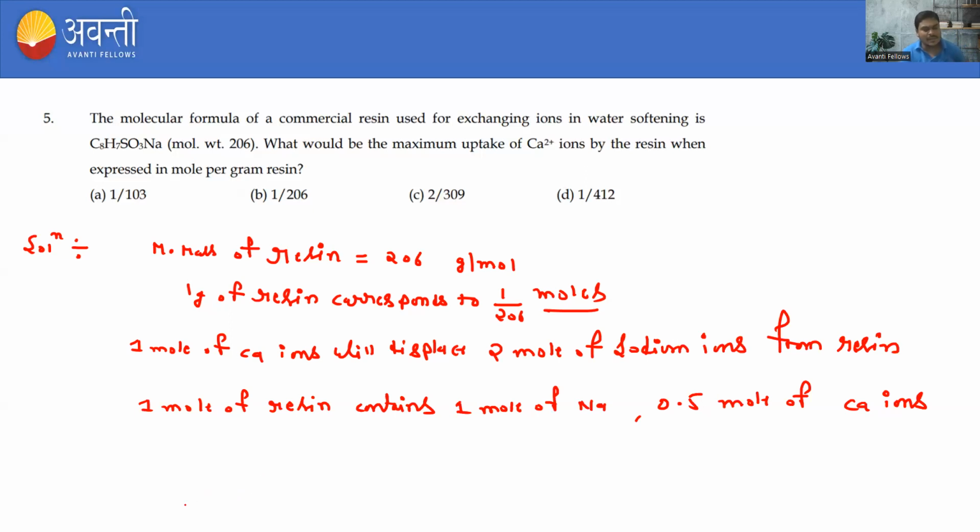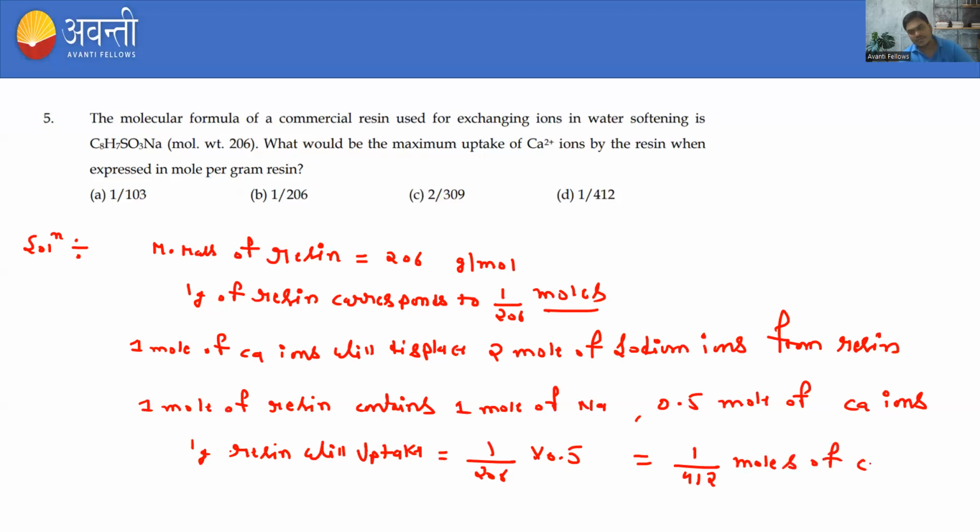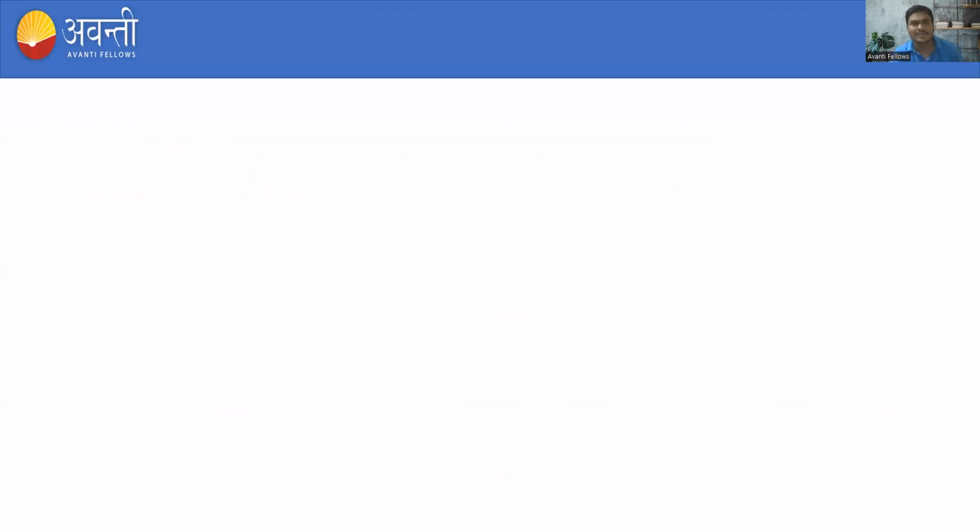Hence 1 gram of resin will uptake how much? Nothing but 1 upon 206 into 0.5, or we say it comes out to be 1 upon 412 moles of calcium ions. Which option is correct? That is D. So D is absolutely correct for this question.